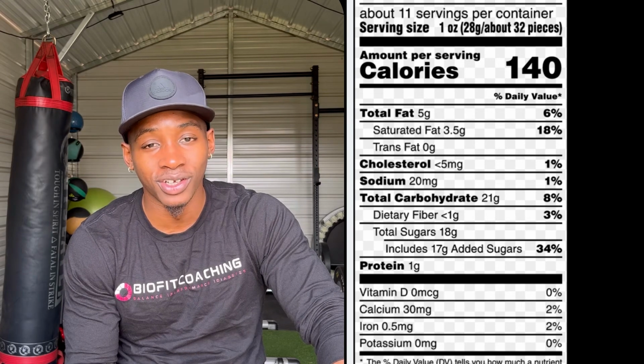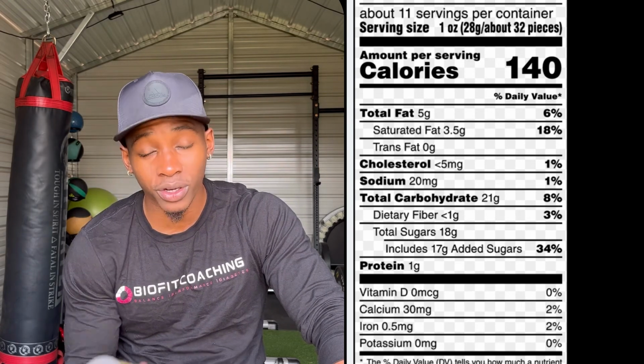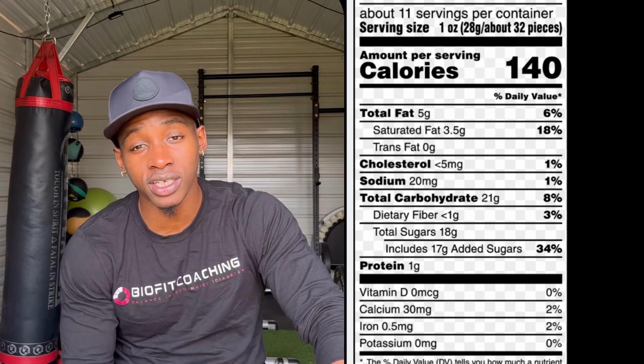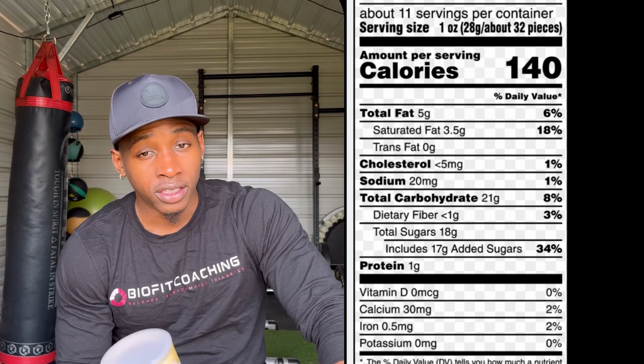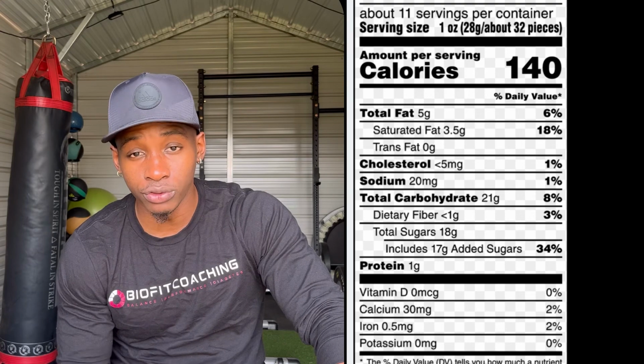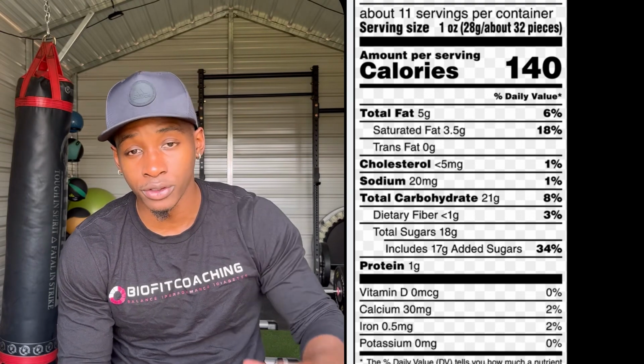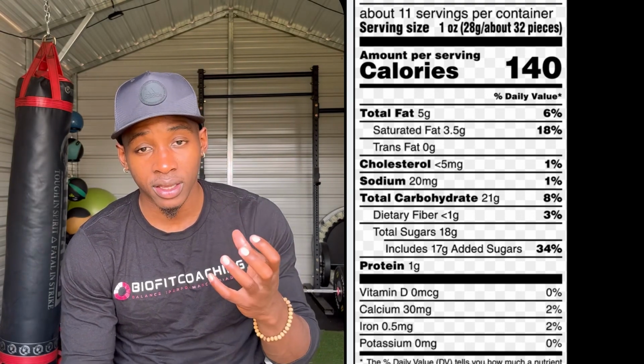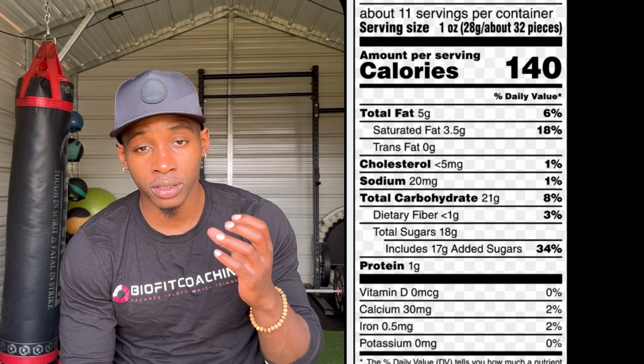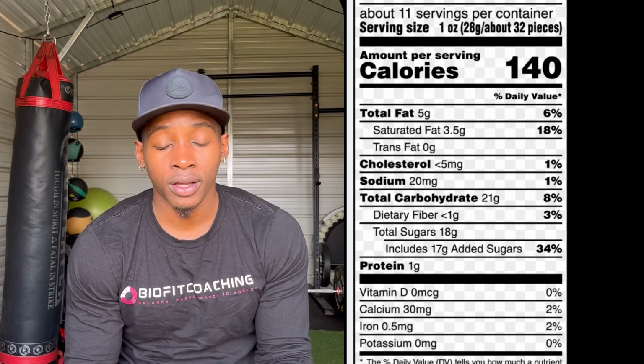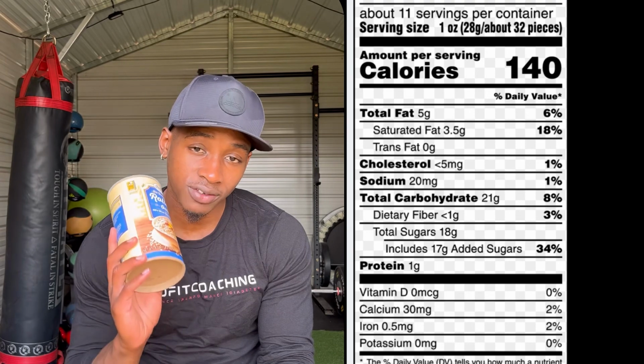Especially when it comes to processed food, keep that sugar intake on the low side. Your best sugar is from your fruits. This is the sugar that comes with the fiber that's in it, from the skin and the flesh of the actual fruit. So avoid the processed foods.